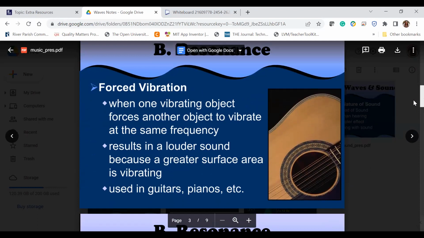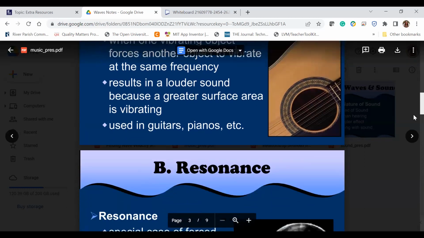So resonance is forced vibration. As I said before, you have one object vibrating that forces another object to vibrate at the same frequency, and that makes the sound seem louder because you have more things vibrating. It's useful when we want to tune instruments like guitars, pianos, and so on. But resonance also has a destructive side.